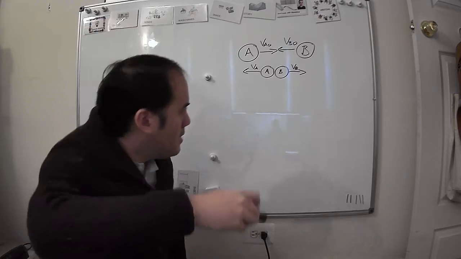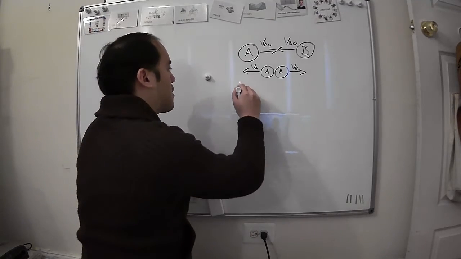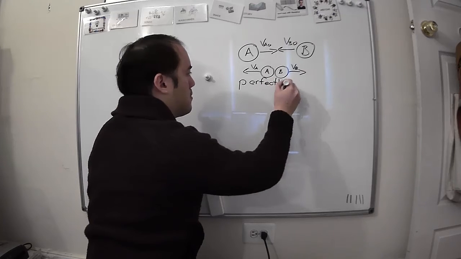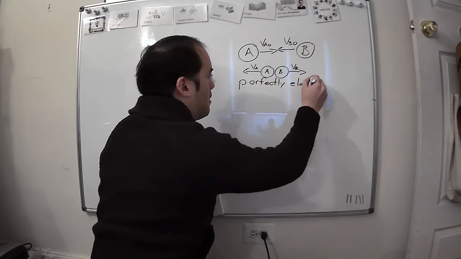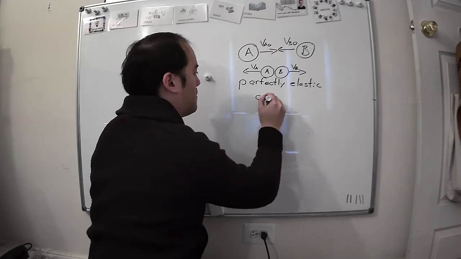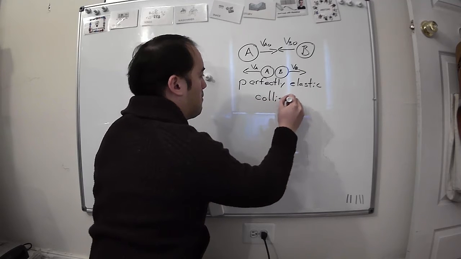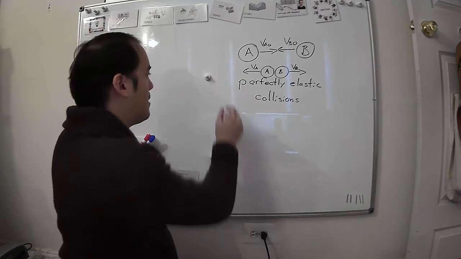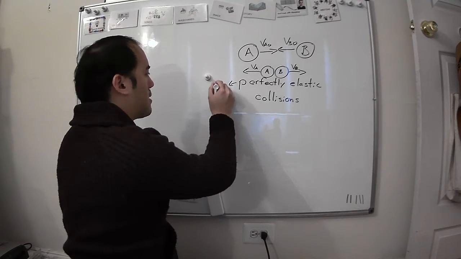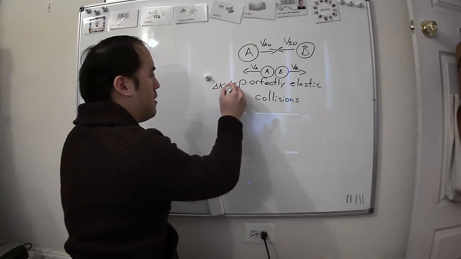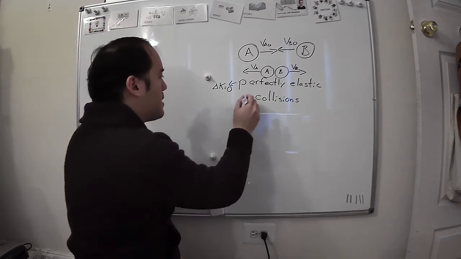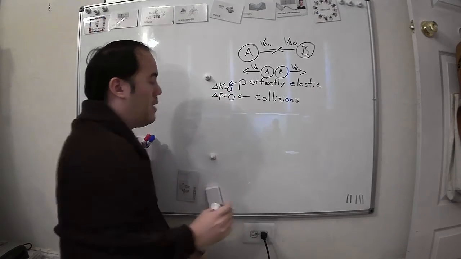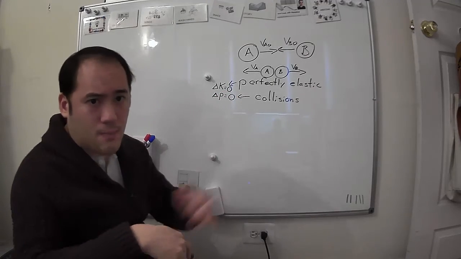Some problems are called perfectly elastic collisions. Perfectly elastic means energy is conserved. Collisions means momentum is conserved. So you could see problems like this.